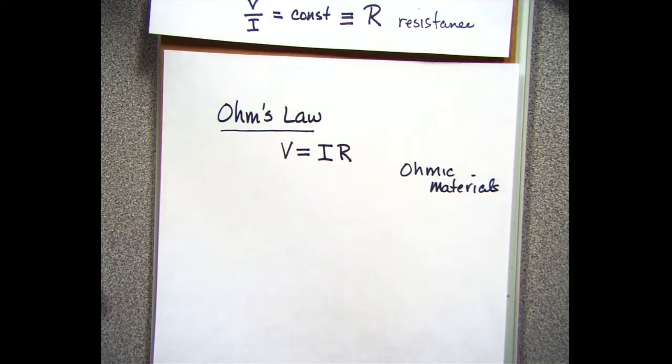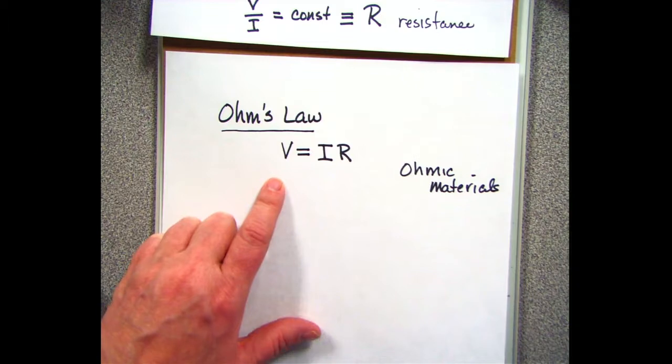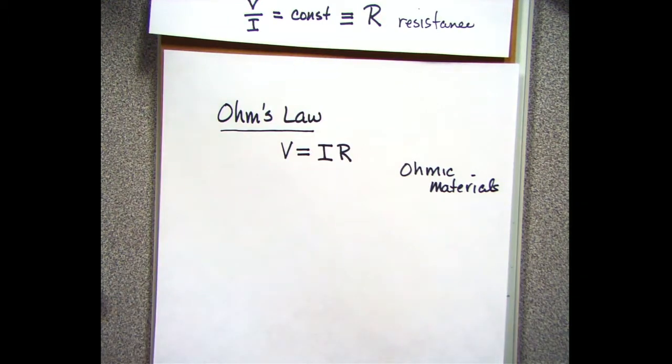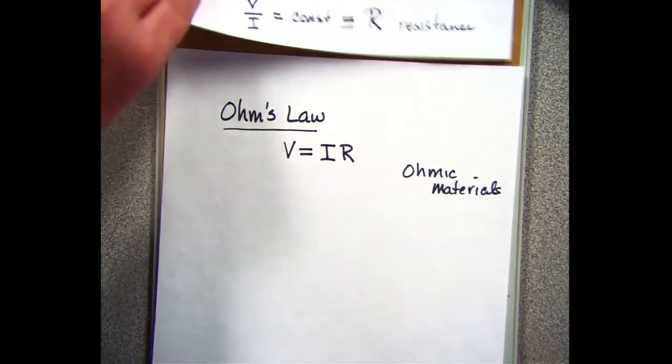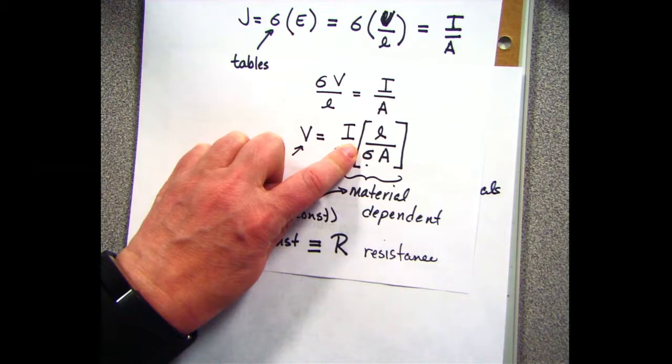So what this is telling us, based off of these being material dependent, is that I have a conductivity, and things with a high conductivity like copper are going to have low resistance. So if that number's high, this number gets small, it's going to have low resistance.